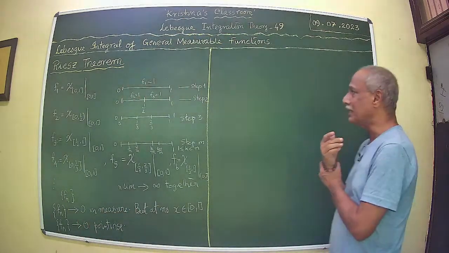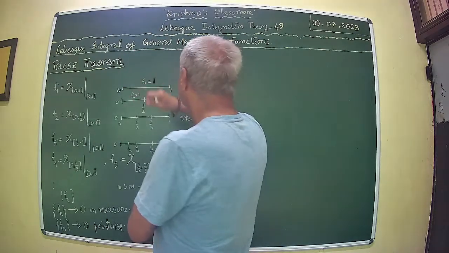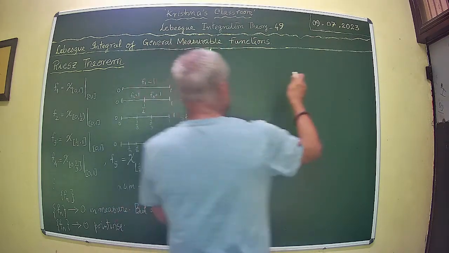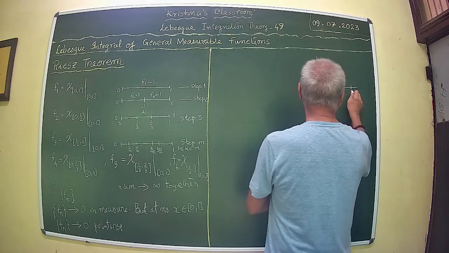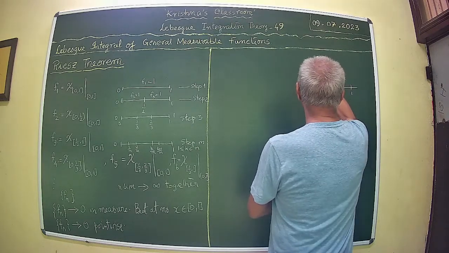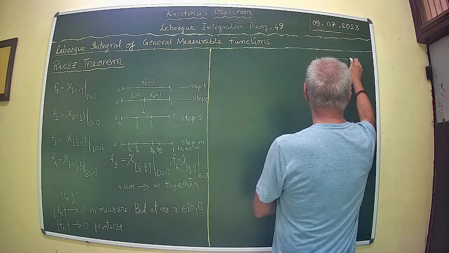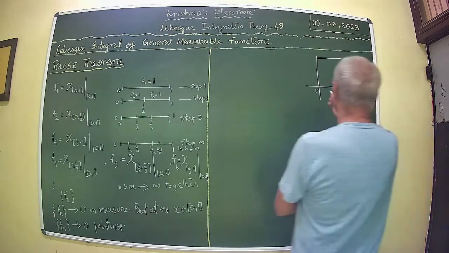So what is happening here? See, what is the sequence of curves that you get on the interval 0 to 1? This is your F1. That is the graph of F1. What about F2?